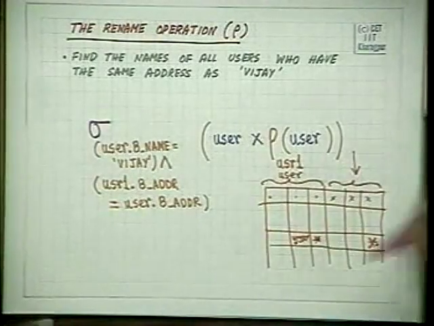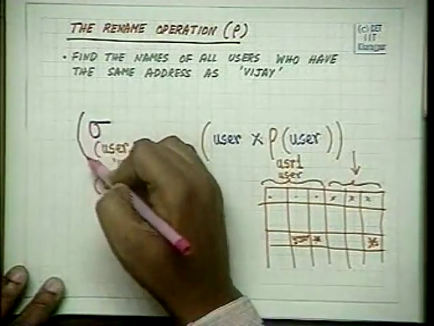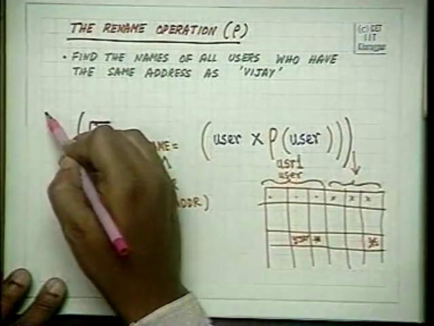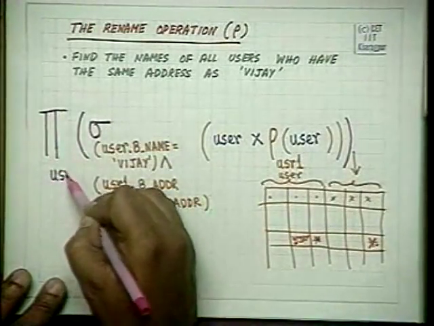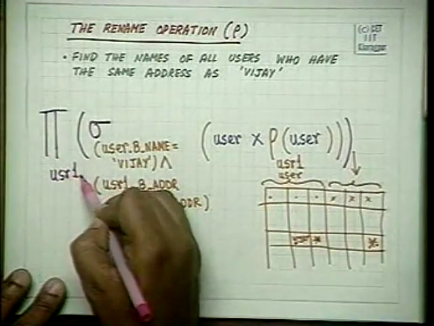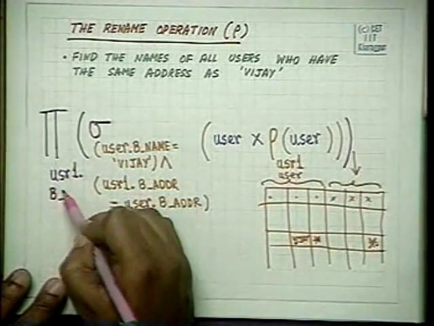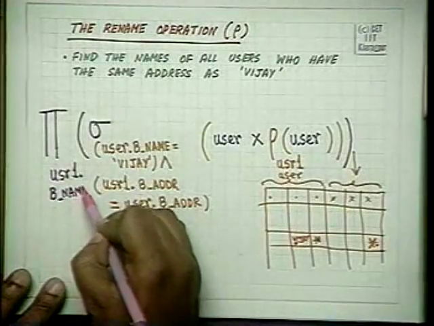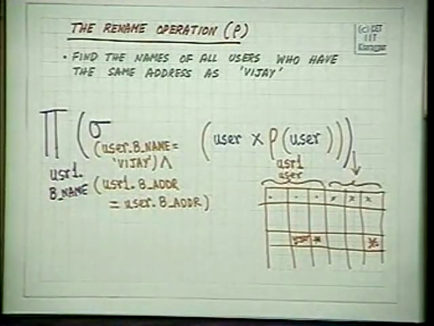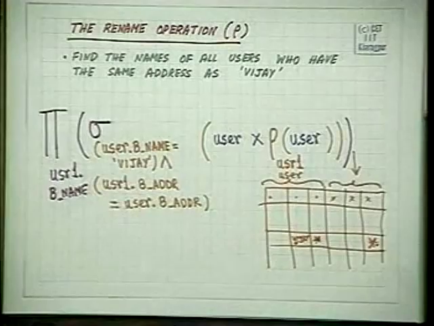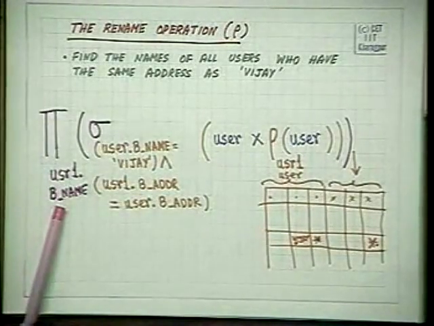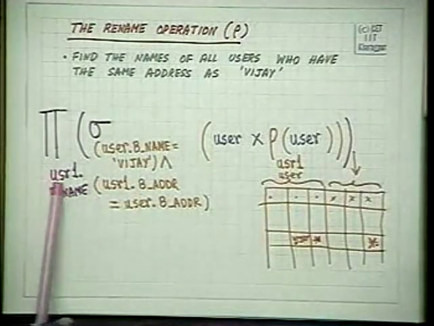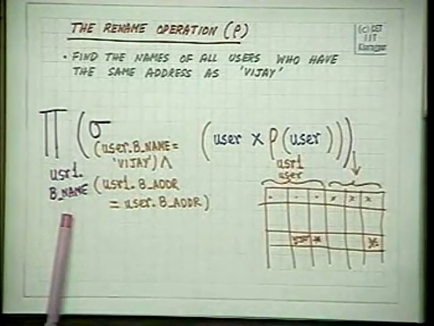So to extract that name out, we are now left to do a pi on USR1 dot borrower name. So we have got USR1 dot borrower name, and mind you, in this one Vijay will also come.